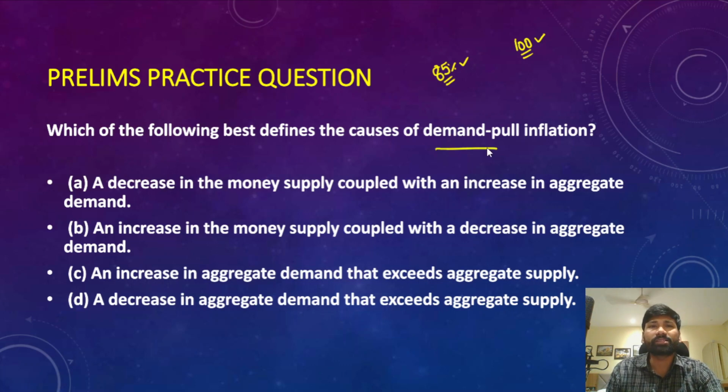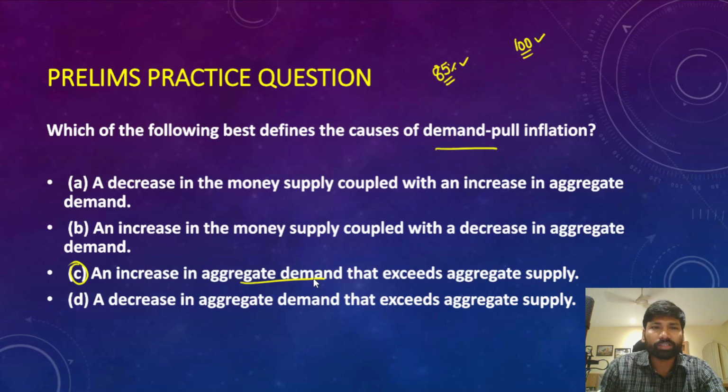Now, among all these inflation categories, the correct answer for this question is option C. Why? Because there is an increase in the aggregate demand. The increase in aggregate demand may be because of a fiscal stimulus package announced by the government, maybe because of increased employment opportunities, maybe because of government spending on welfare programs and infrastructure development programs.